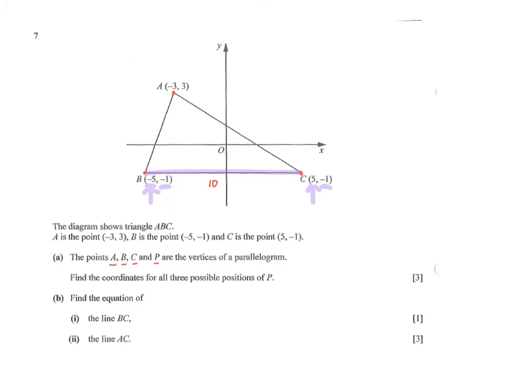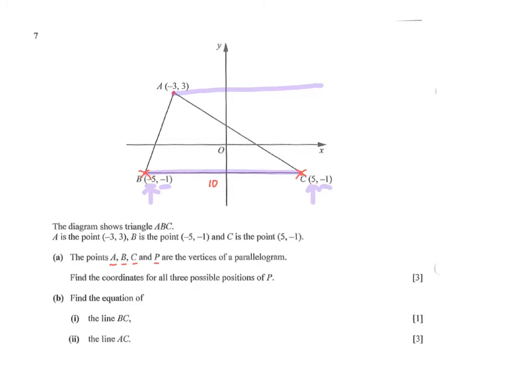So let's try to find the first position. If from B to C is 10 units, I can shift from A either to the left hand side or to the right hand side by a total of 10 units. So let's say A will shift to here to get one parallelogram.